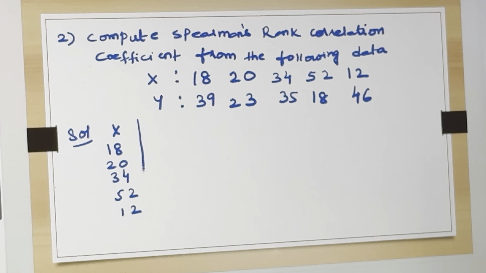Okay, after writing the values of X, you will be writing R1. R1 क्या है? R1 is nothing but assigning rank for each value of X in descending order. Descending or ascending order you can consider.